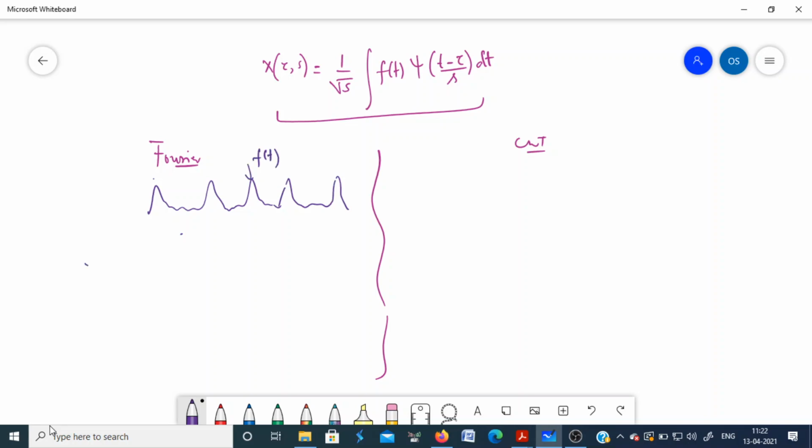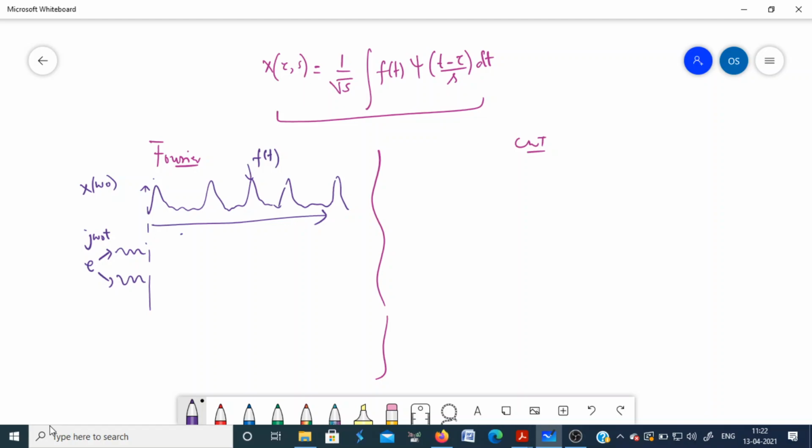So you choose a template which is e raised to power j omega naught t, which is in fact basically two functions, one is sine function, one is cosine function. You multiply this function with the sine and cosines and you integrate it, so you get some values which we call the Fourier transform X of omega, or for any particular frequency, omega naught.